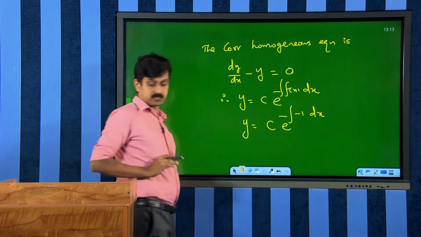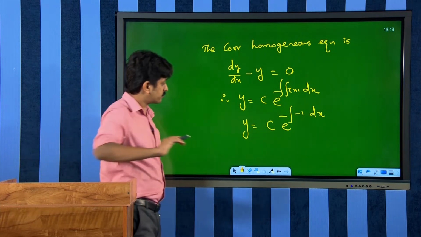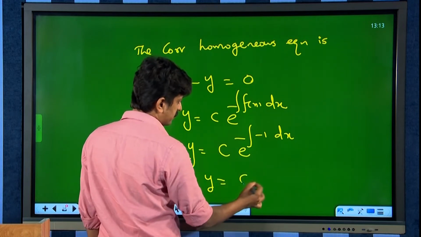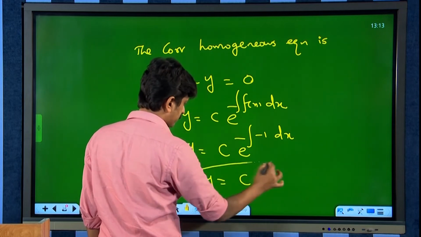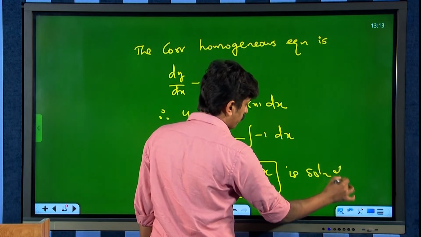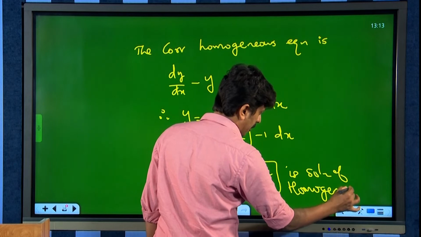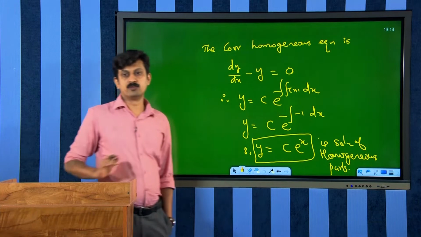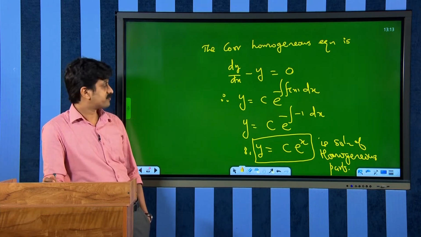Minus 1 becomes plus 1. Therefore, y is equal to c e raised to x, which is the solution of the homogeneous part.